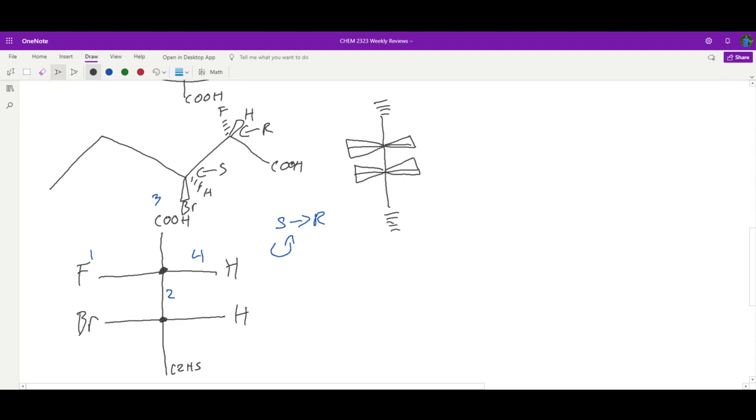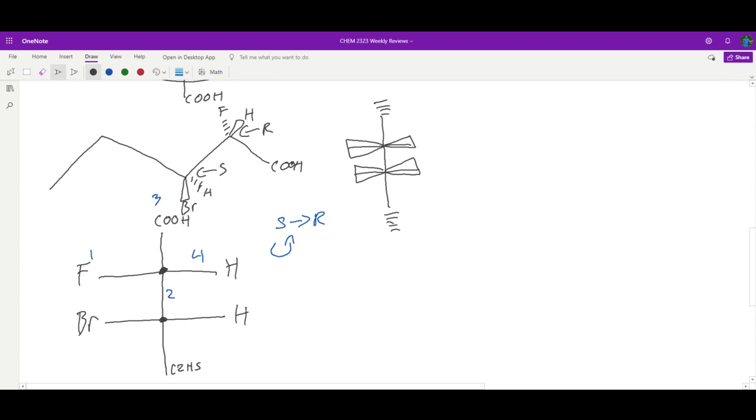So if your fourth group is on the side, which almost always it is, you're going to have to flip it, always. Okay? So we originally want R, we got S, and we flipped it to R, so we're good. That means the fluorine is on the left side and the hydrogen is on the right side.